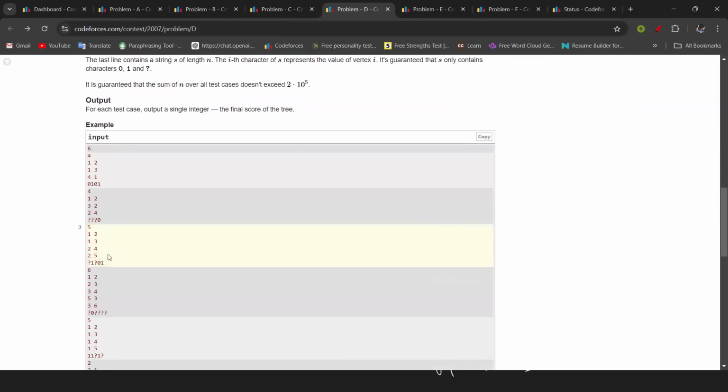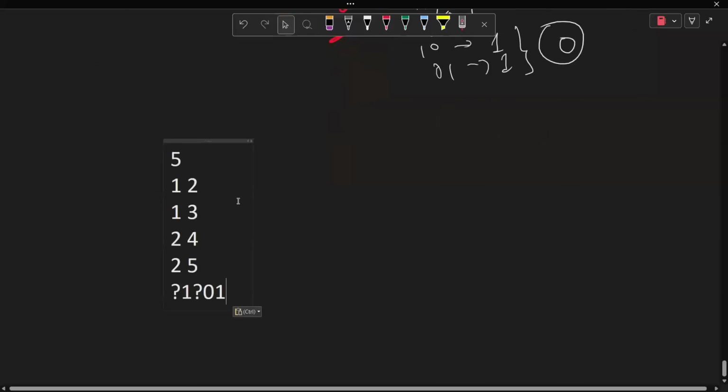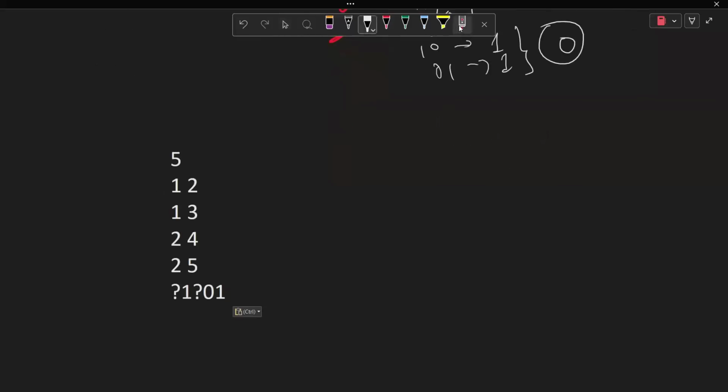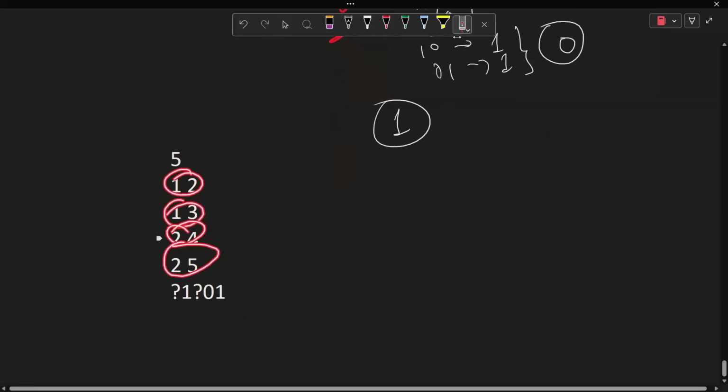So if you take this test case and understand it. Here the tree is given, the tree is always rooted at 1. These are the edges of the tree that we are given.